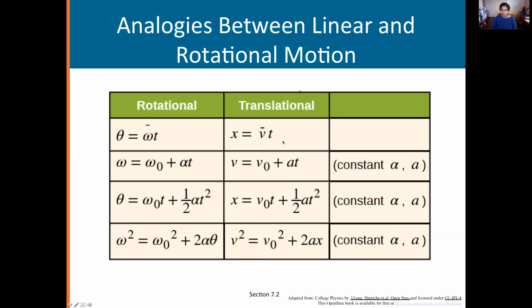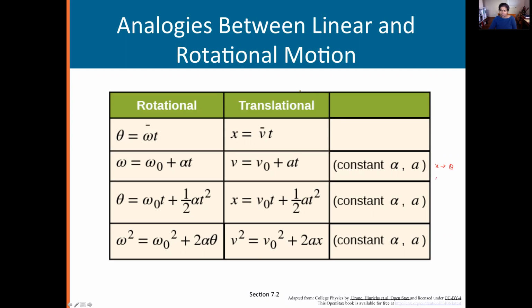Let's look at their equivalence. If you remember from the very first slide, we said equivalent to displacement is angular displacement in angular terms. So x becomes theta. Our displacement is like theta.